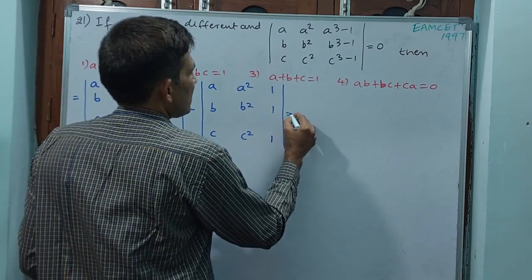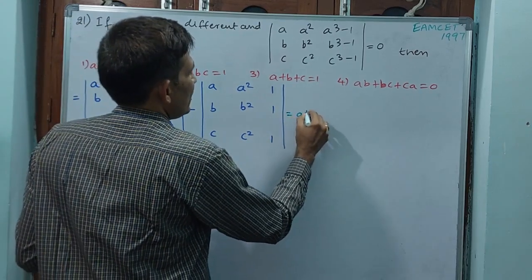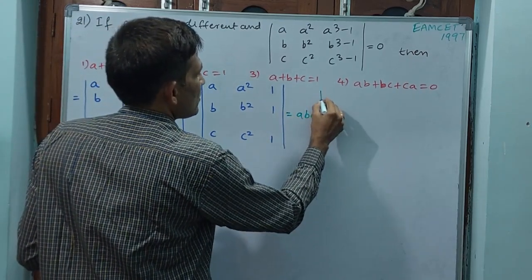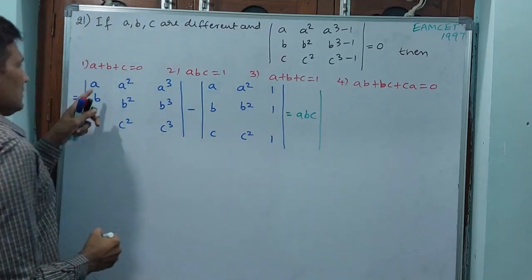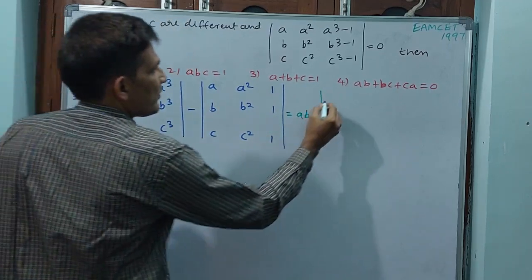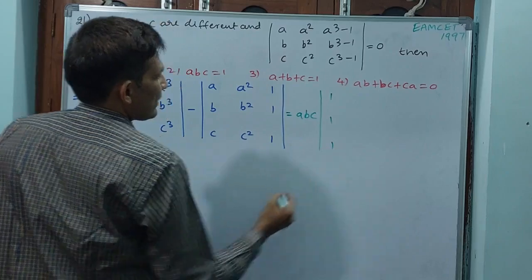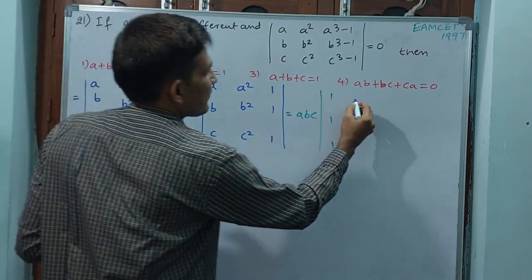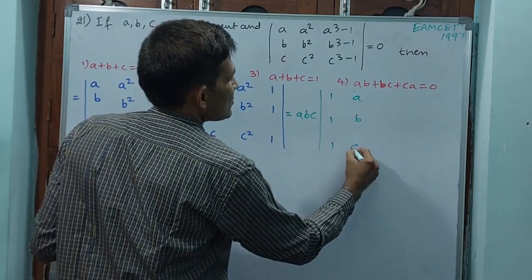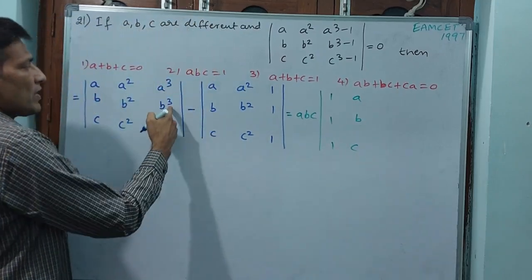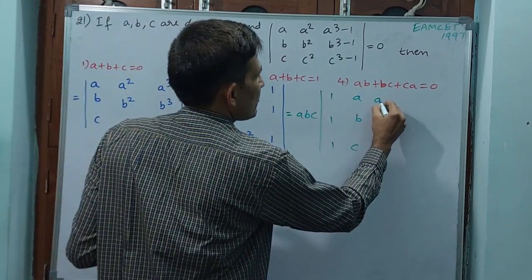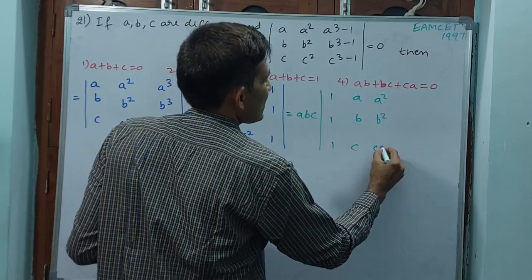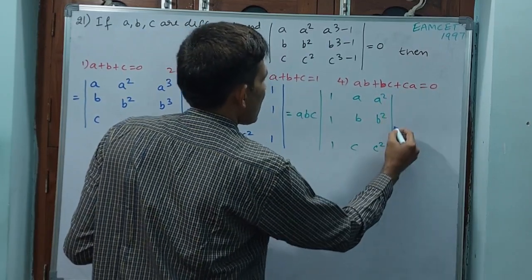A, B, C is going to come. If I take out A, B, C, then here 1, 1, 1 will be there. Then A, B, C will be there, and A square, B square, C square will be there. Minus.